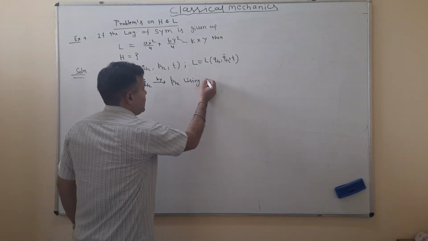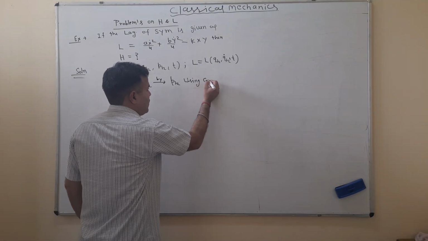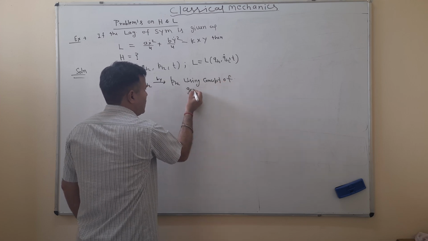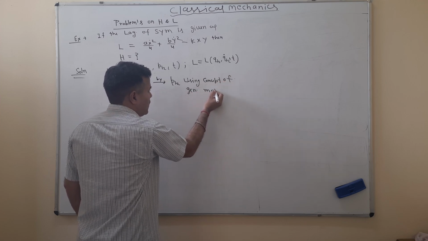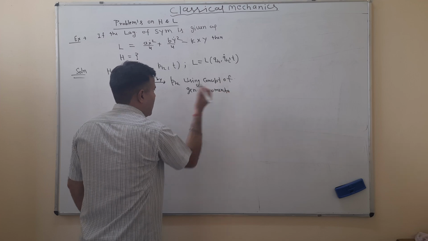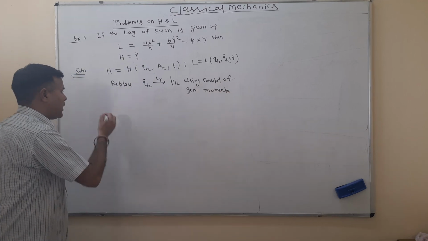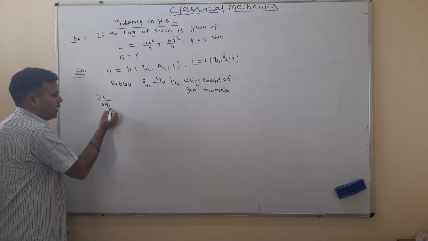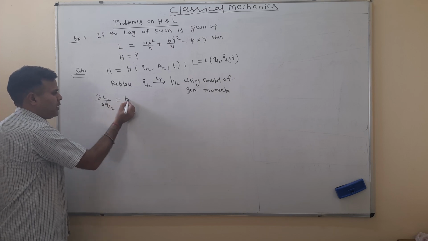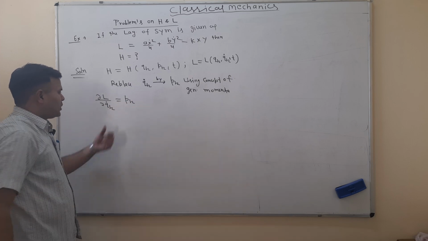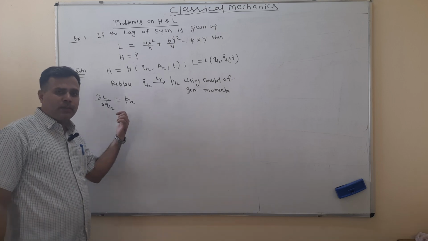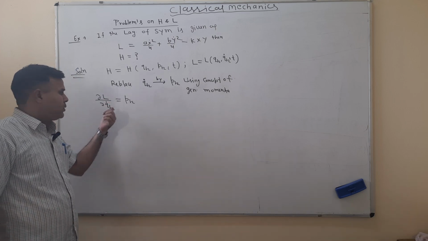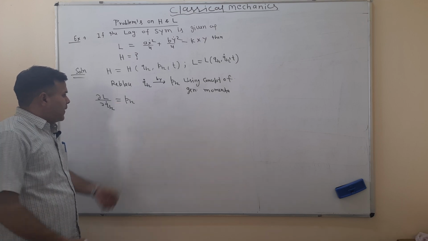Again we have a very important tool, that is the concept of generalized momenta. This is del L upon del qk dot, which is simply pk. So differentiating our Lagrangian with respect to generalized velocity, we have pk.